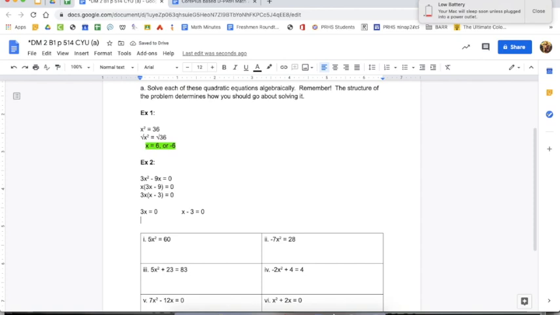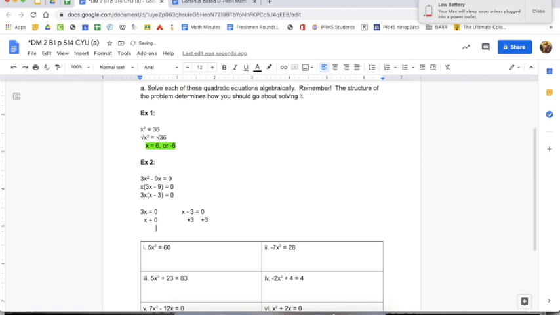3 times what equals 0? Well, this only works if x equals 0. In other words, 0 divided by 3 equals 0 to solve that. And over here on this one, in order to solve this, we would add 3 to both sides. In other words, in the problem x minus 3, we're asking the question, what minus 3 equals 0?